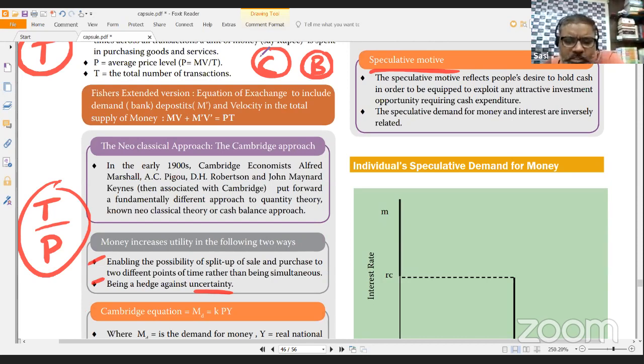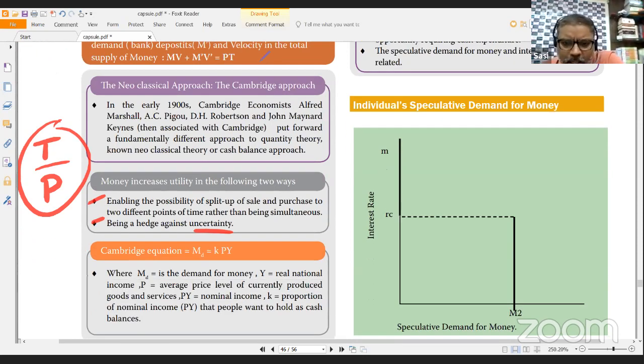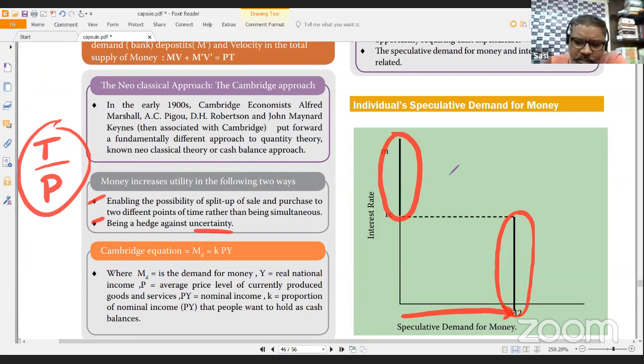Let us say if interest rates are high, then people will purchase bonds only. If the interest rates are lower than what they are expecting, they will keep the entire money with them in the form of cash. That's what Keynes said, though it is not exactly practical the way it happens.